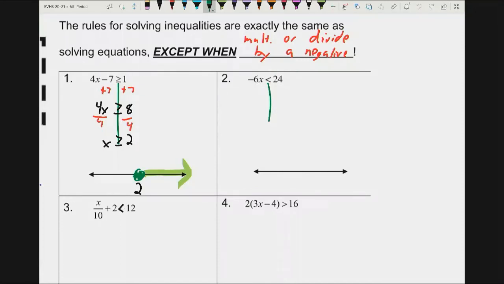Okay, treat that less than sign like an equal. Now we're going to divide by -6, which gives me x. Oh, that's a -6. And 24 divided by -6 is -4. But since I divided by a negative, that invokes my golden rule, and so I flip that sign around.